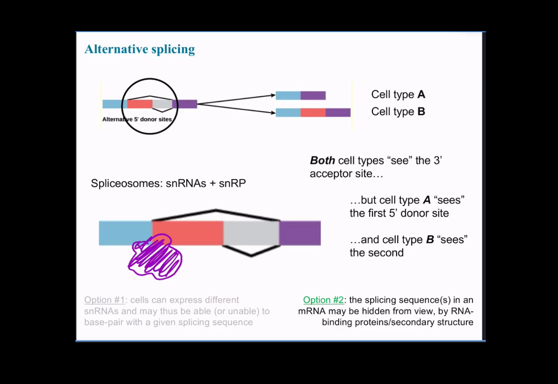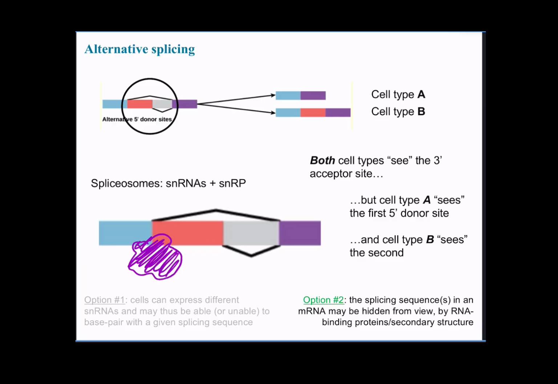So everything is kind of interconnected, but the point that I wanted to make here is that there are two things that come into play when a spliceosome recognizes and uses a donor or acceptor site for splicing. Whether the spliceosome has the ability to see those donor and acceptor sequences depends on what snRNAs they carry, and whether or not those donor and acceptor sites are visible.